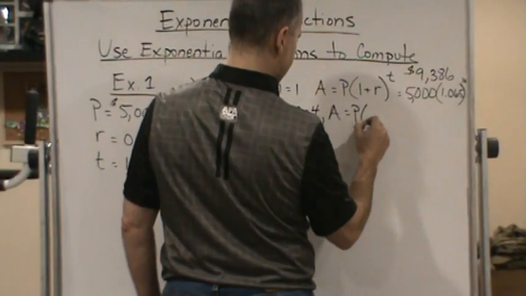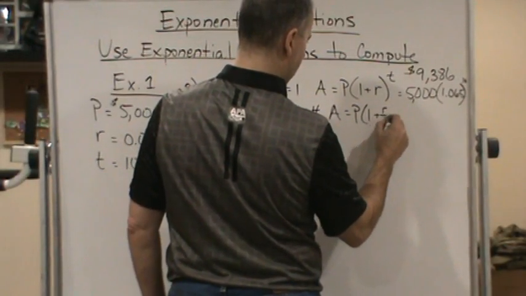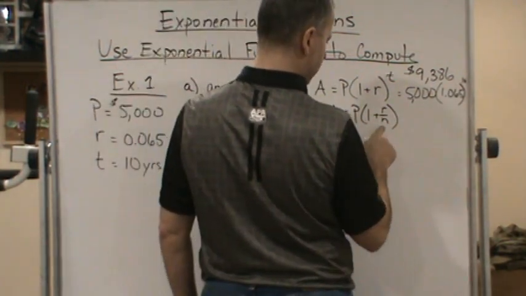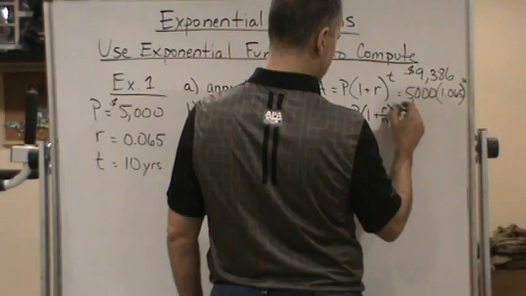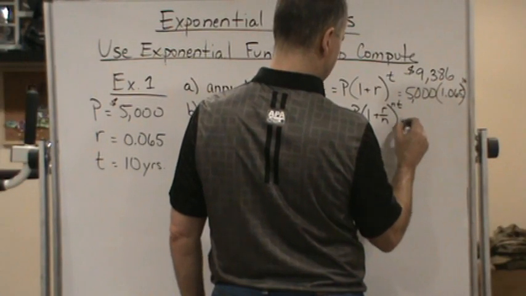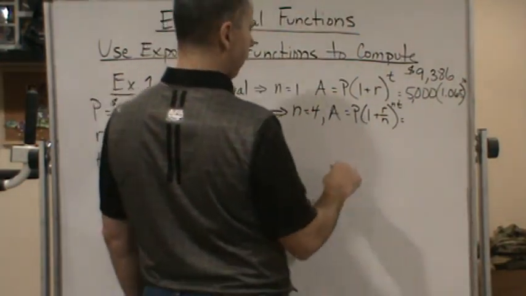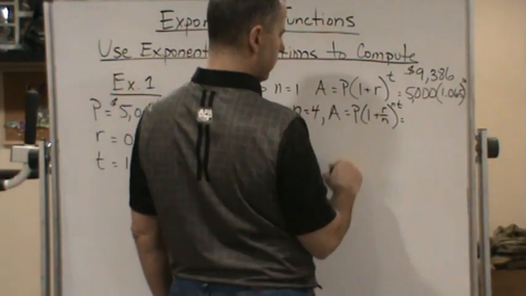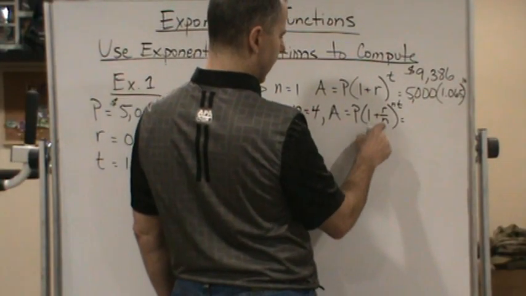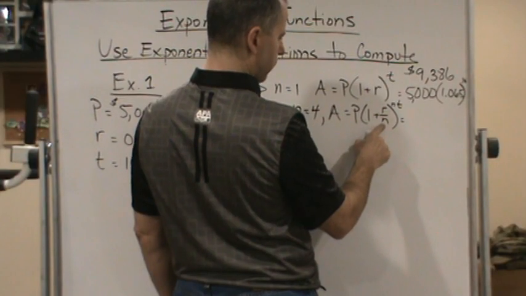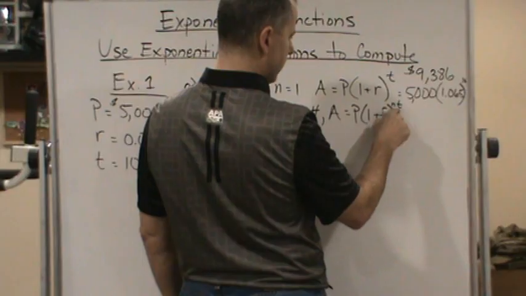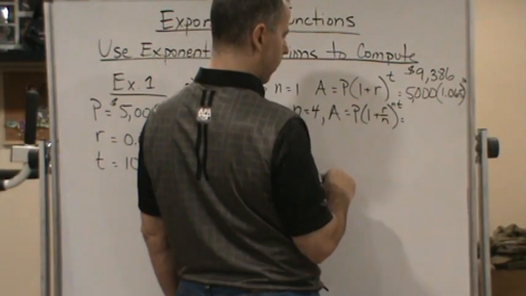It'd be P times 1 plus r over n, because n is not 1, it's 4, raised to the n times t power. So now P is 5,000, R is 0.065, n is 4, so we're getting a quarterly rate, and then we're going to raise it to the n times t power.